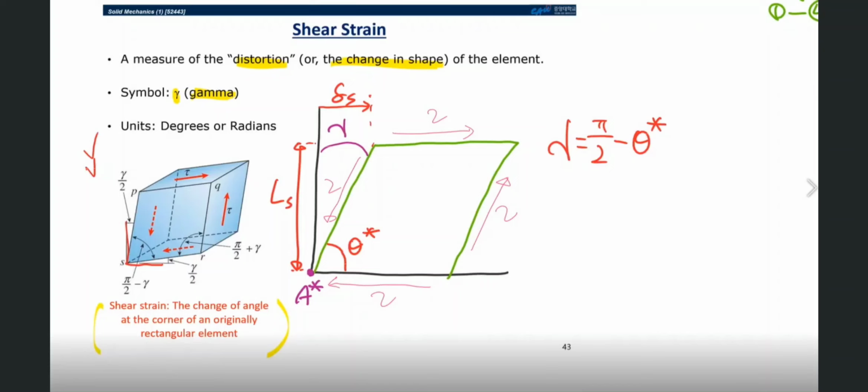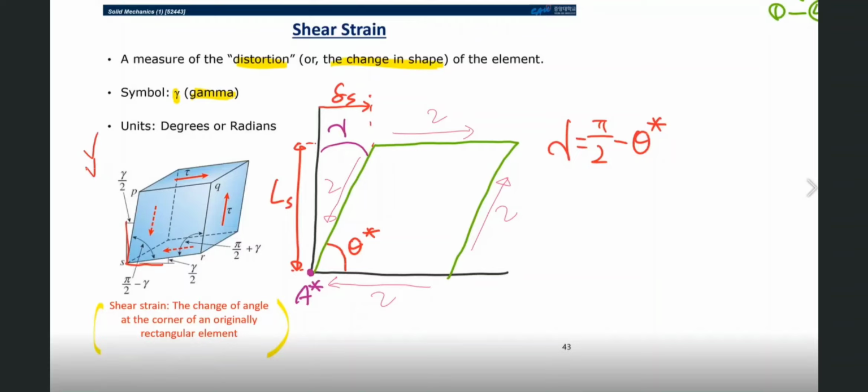Because we know that originally this shear element has a rectangular shape, and the corner angle should be 90 degrees. Okay, so the shear strain can be identified as pi over 2 minus theta star.